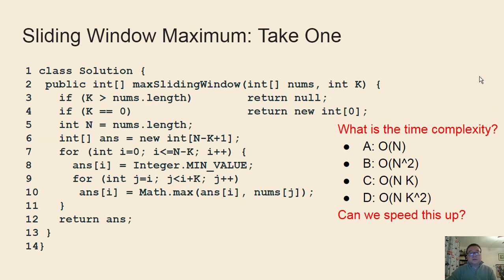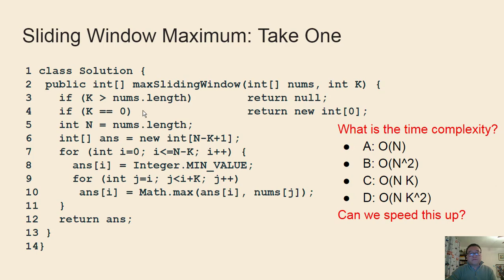Again, let's first try a brute force approach. First, there's some taking care of the corner cases. If k is bigger than the size of the array, then this is just not well defined, so for this question we are supposed to return null.